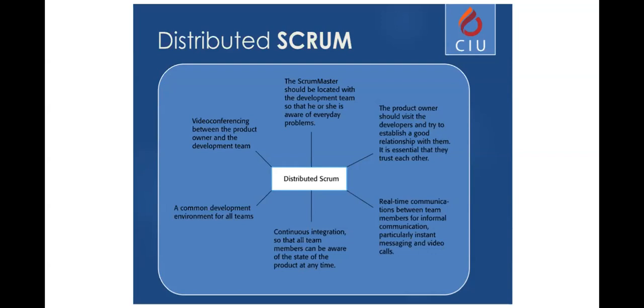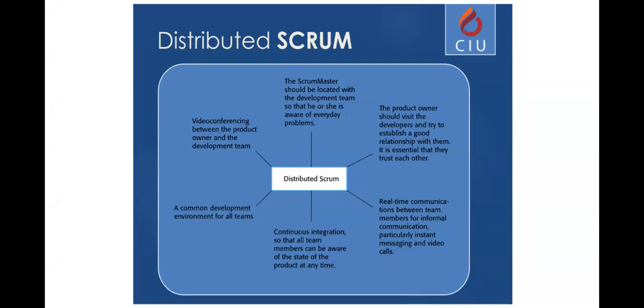You divide the project into different sprint cycles now, and try to align each sprint that goes on at the same time, so that the project and the version at the end will come as a whole. So continuous iteration, and the team members being aware of the state of each sprint, is an important part of distributed Scrum.